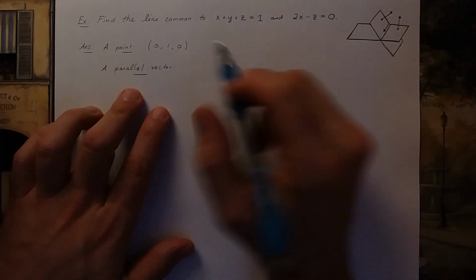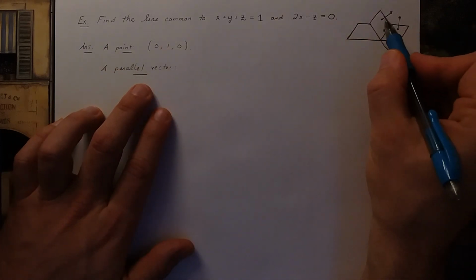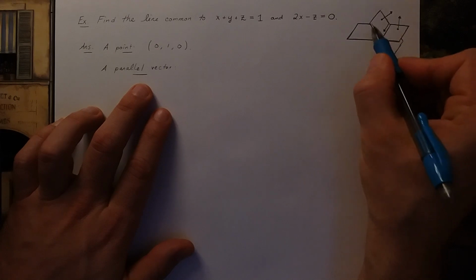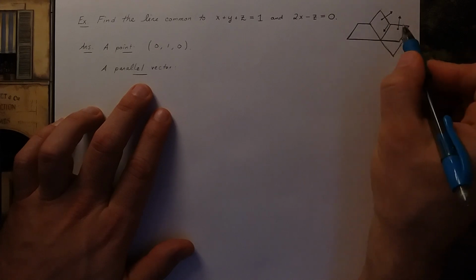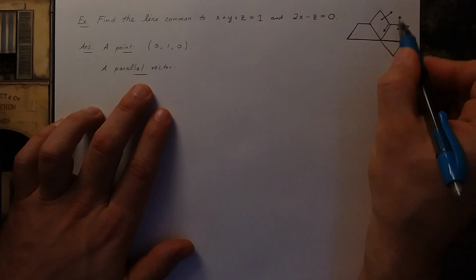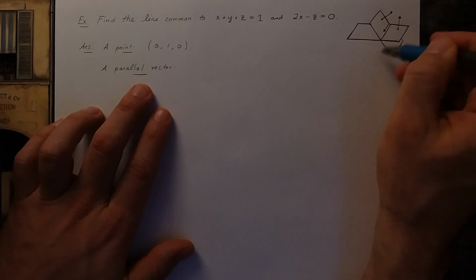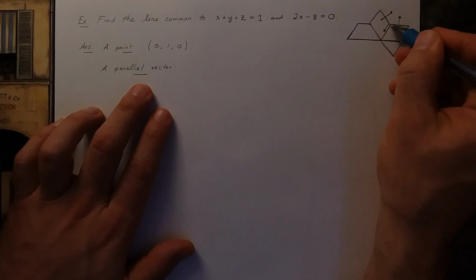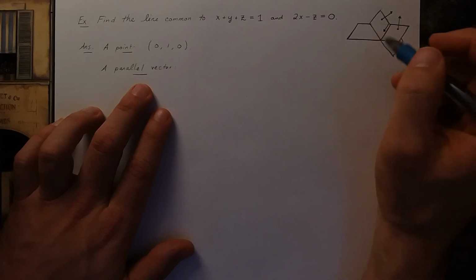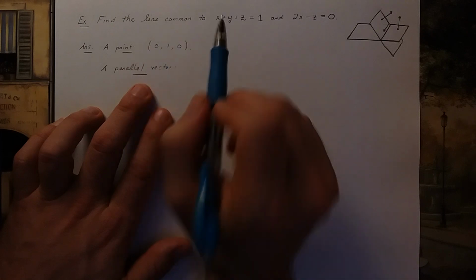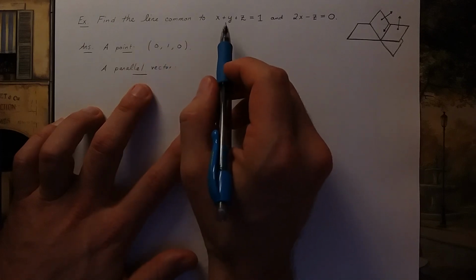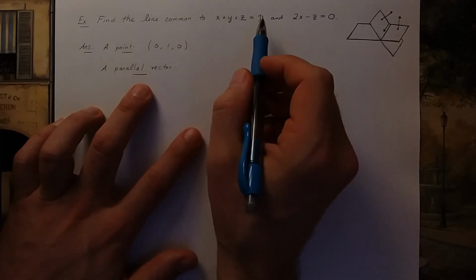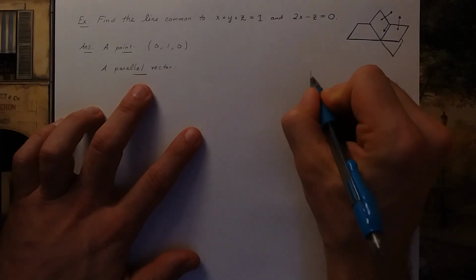So my idea to get a parallel vector is to find a vector that's perpendicular to the first plane, find a vector that's perpendicular to the second plane, and then take the cross product to get a third vector that's actually parallel to my line. Well, I remember how to find planes, and when we found planes, we took a dot product. So recall, I'll write it over here.